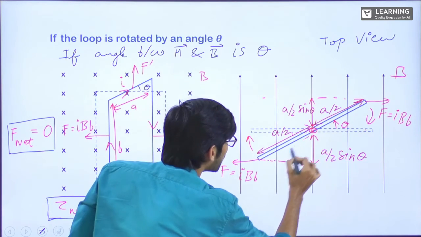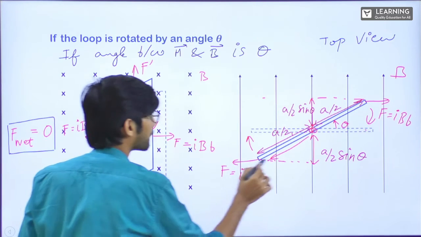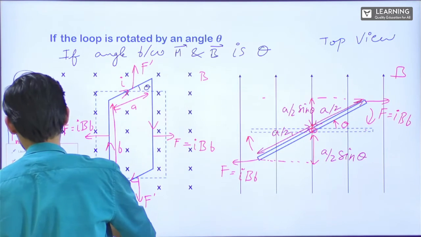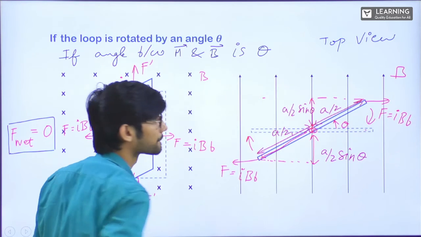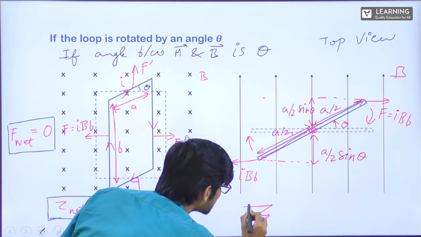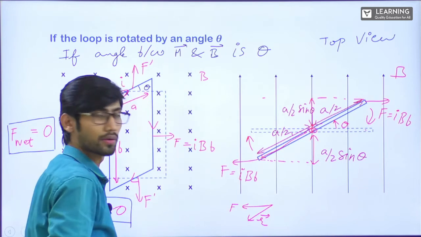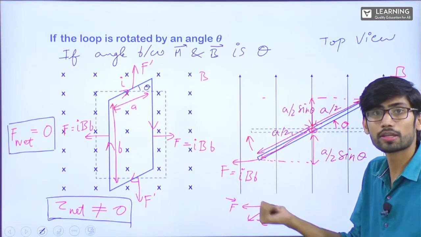This will be R, the length of the rod here. From the top, it looks like a rod only. So this R will be like this. R vector, and the F vector is this. Now see, R cross F, my thumb is going inside.